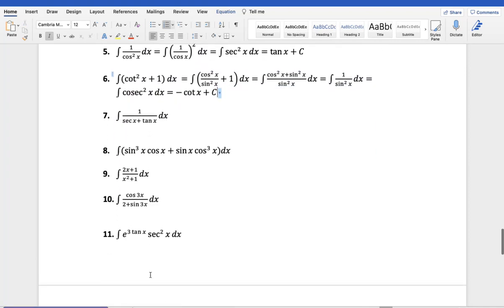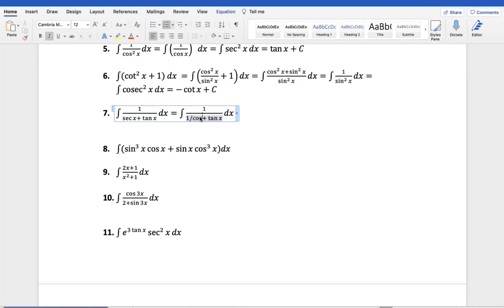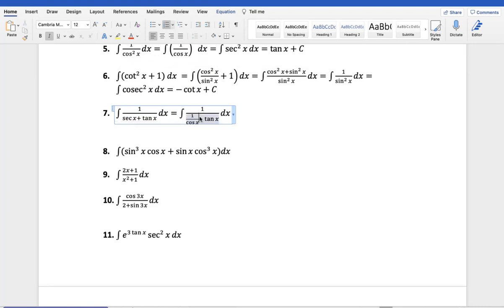So moving on to the next example, we have the integral of 1 over sec plus tan. Let's try to simplify this again. We know that sec is just equal to 1 over cosine of x, and tan is just equal to sine of x divided by cos of x.